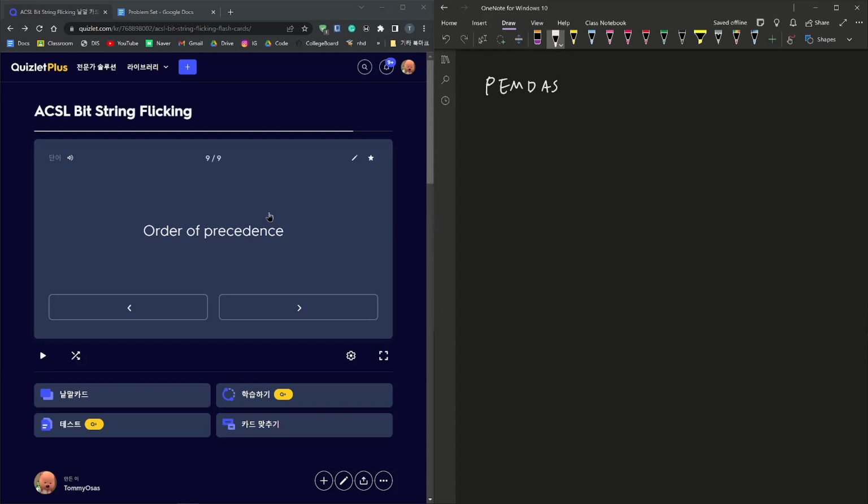Well, in bit string flicking, there's PNSCAXO. We can't pronounce this, but anyways: parentheses first, then not, then shift, then circulate, then and, then XOR, then OR. This is like the PEMDAS of bit string flicking, so make sure you know this.